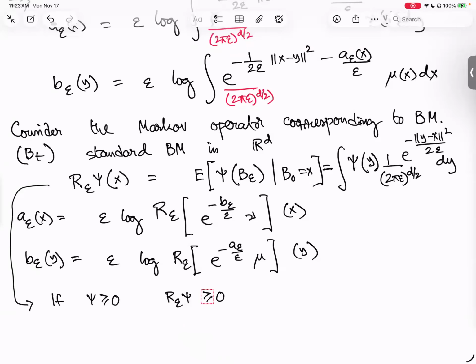All expectation operators have this property. In fact, a stronger statement can be made: if psi1 is greater than or equal to psi2, then R epsilon of psi1 must be greater than or equal to R epsilon of psi2.